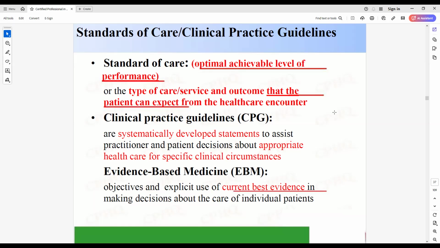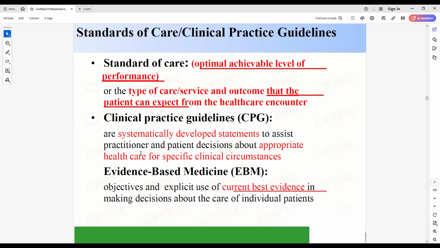So, for example, I could decide to go with the NICE guidelines on a certain topic. Somebody might decide to go with the CDC guidelines. Somebody might decide to go with the American College guidelines. So it depends on what resources you have used, on the evidence available to you, and it also depends on the resources of care that are available to your organization.